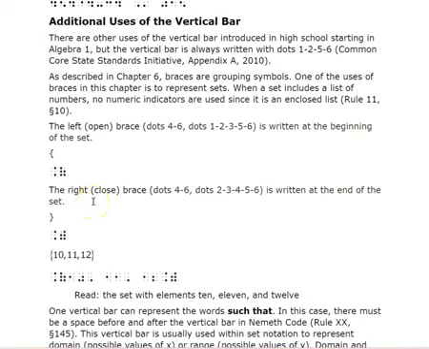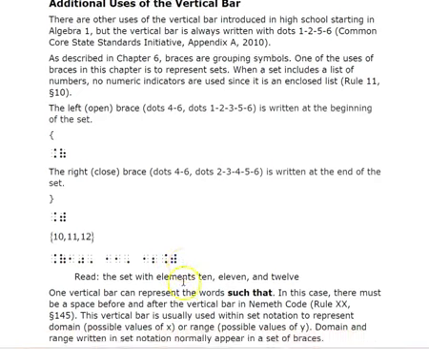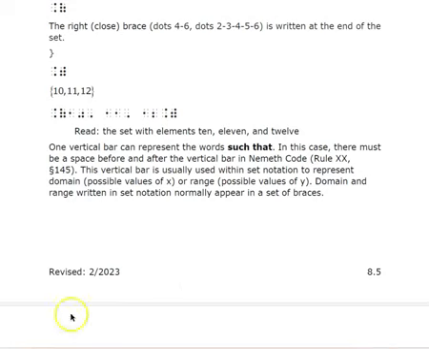The right closing brace is written at the end of the set as 4, 6 with. Okay, so to open your set, it's 4, 6 of. Then we have 10, comma, 11, comma, 12, and then 4, 6 with to close the set. And that is read the set with elements 10, 11, and 12.